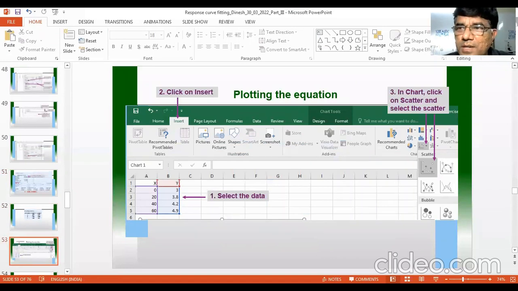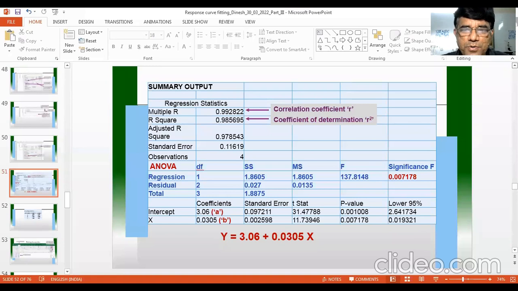Now you got the equation, and one point I just forgot to tell you. Testing the linearity of the equation means exactly we are testing the regression coefficient B. I went ahead too slowly. First I told you it is the equation we are testing.